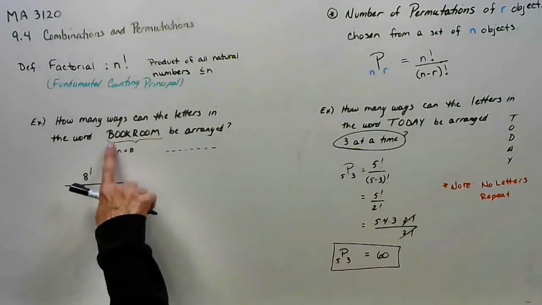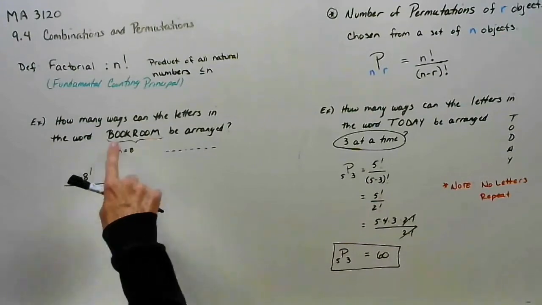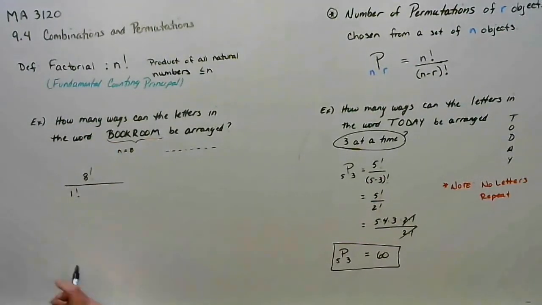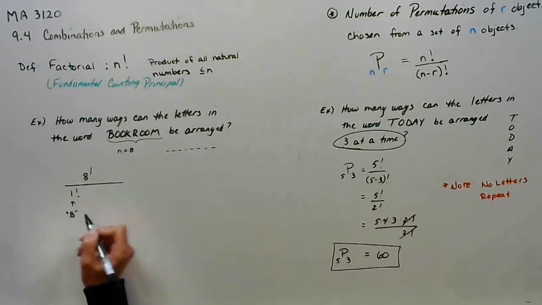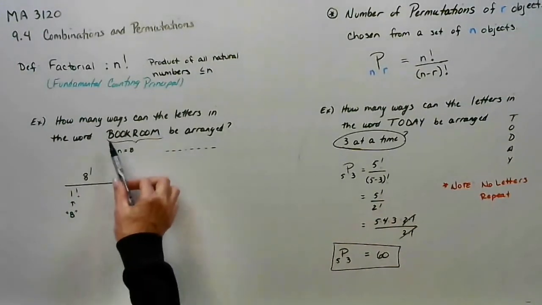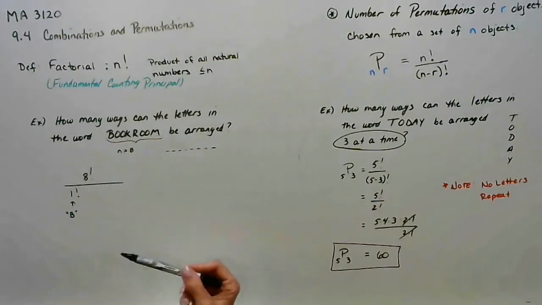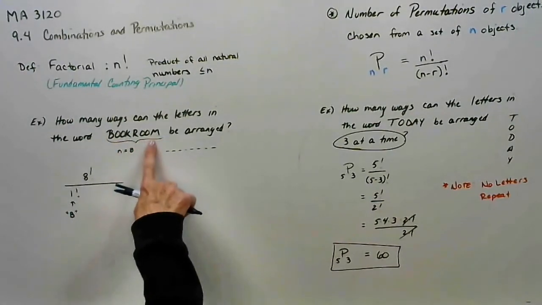Okay, how many B's do we have in the word bookroom? Well, we only have 1, so I'm going to start with that. This would be 1 factorial, and this represents the letter B. Now remember, the numerator has all of the arrangements. How many O's do we have? Well, we have 1, 2, 3, 4.